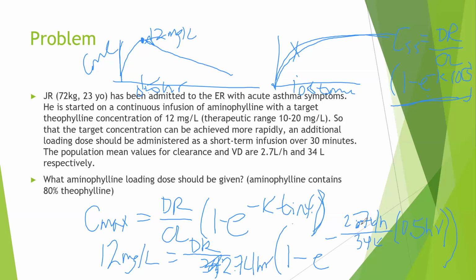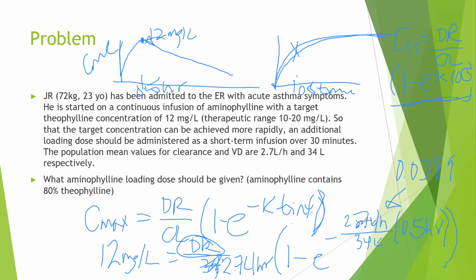And that will give us, so we have to rearrange this because we're solving for our dose rate. So you're going to do the algebra. For the parentheses, I got 0.0389, and that's a fraction.